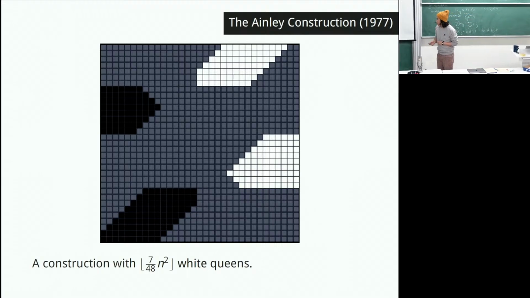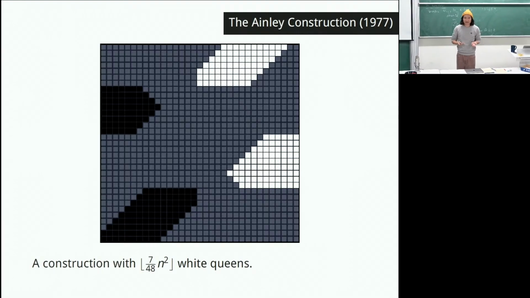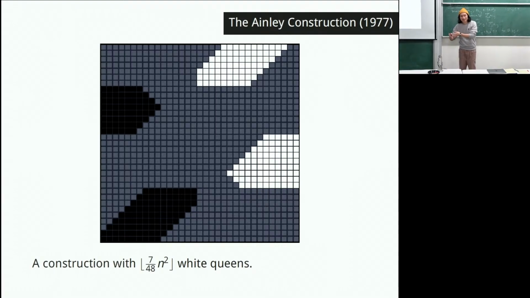So let's start with the regular board. You might think that to solve the problem it's useful to put the queens at the boundary of the board, and this turns out to be true. There's a construction that has four blobs. It's called the Amy construction.